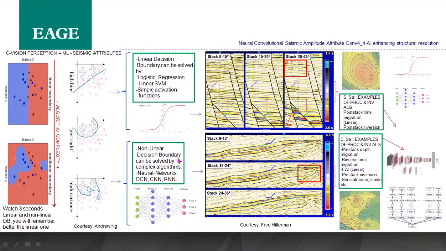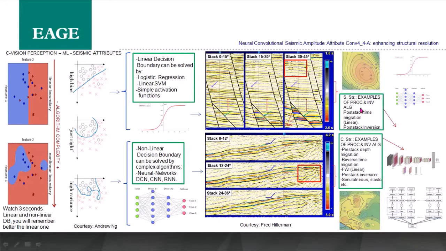For nonlinear decision boundaries, we have that nonlinear decision boundaries can be solved by complex algorithms: neural networks, densely connected neural networks, convolutional neural networks, recurrent neural networks, and hybrid neural networks.